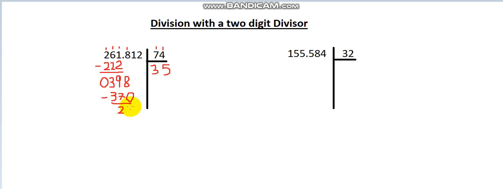Again, I check, is 28 less than 74? Yes, it is. So I can pull down the next digit. It becomes 281. And again, divide. And I ask myself, how many times does, not 74, 8 fit into 28? The answer is 3.